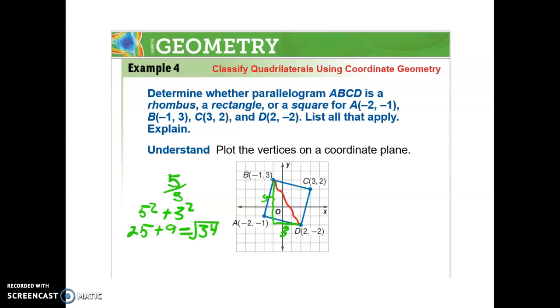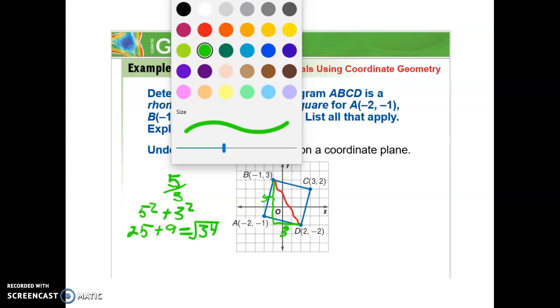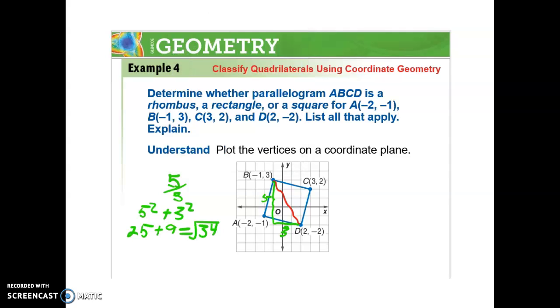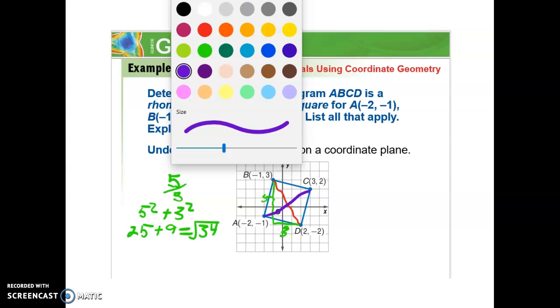So let's change the color for the other diagonal and do the exact same thing. We can do this one in lighter purple. So we're going to go this direction now, up this way, and then do the same thing here.